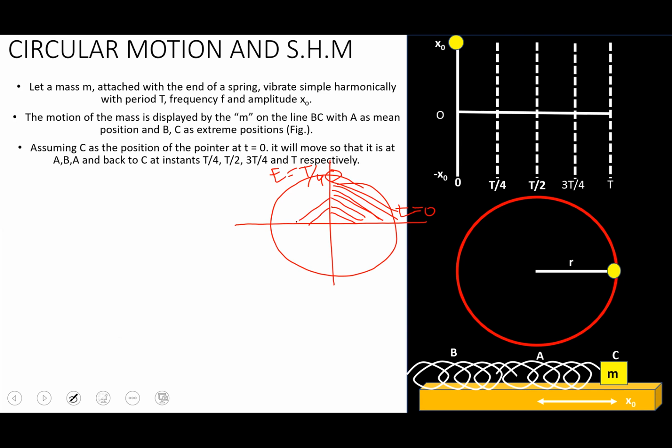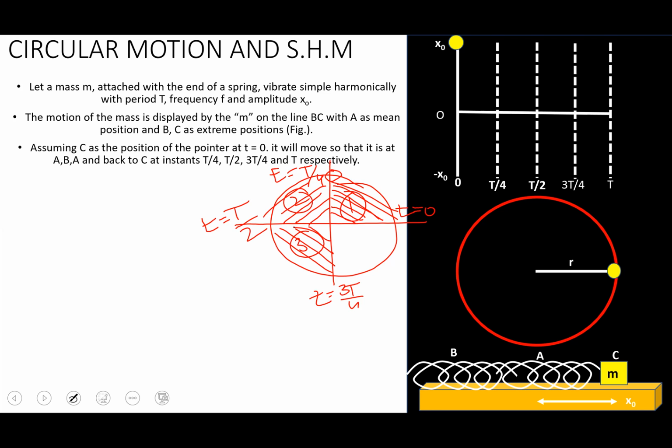Similarly, if we have covered this time also, then we can say that T is half covered. That means half of the total time period has been covered. Similarly, if this much time is also covered, then t will be equal to 3T by 4. That means 3 parts out of 4 of the whole time period have been covered.